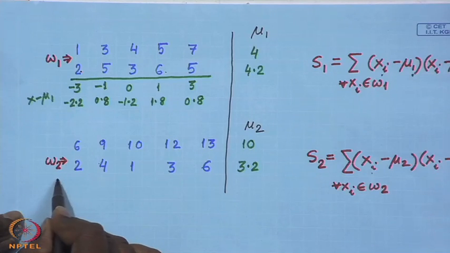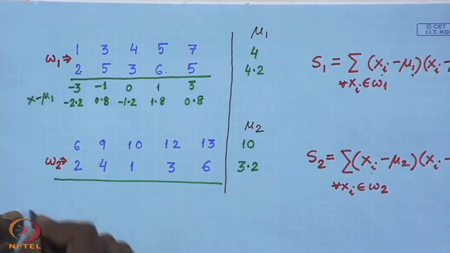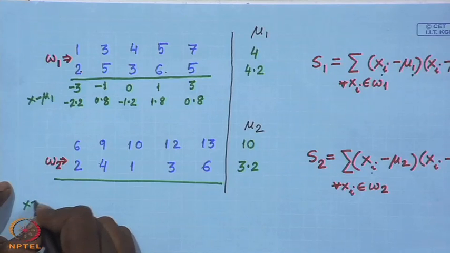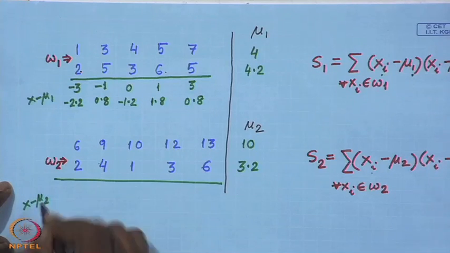In the same manner, I have to find out x minus mu 2 for individual vectors x belonging to class omega 2. So, let us see what those values will be for the second one. So, here I have to compute x minus mu 2.